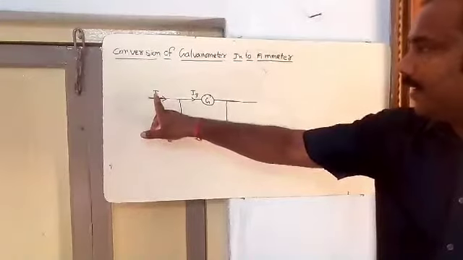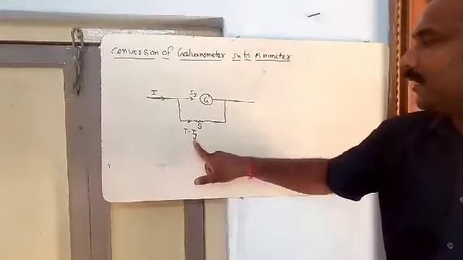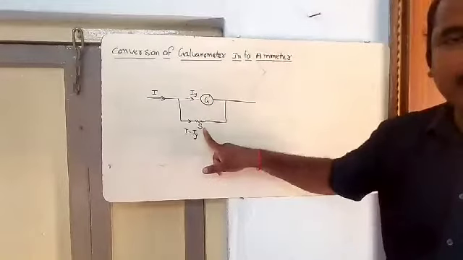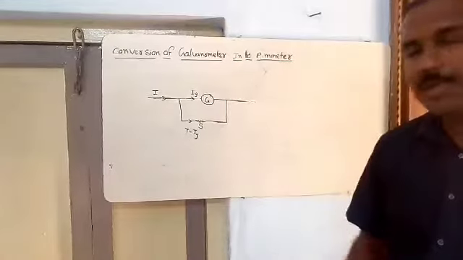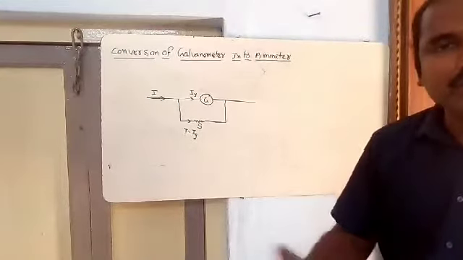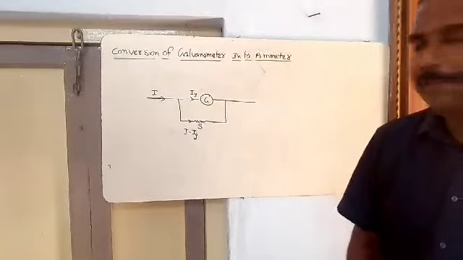Now this is the main current I. Ig is the current passing through the galvanometer, and I minus Ig is the current passing through the shunt. And if you observe the diagram, are the galvanometer and shunt in series or parallel? Both are in parallel. If both are in parallel, what will happen?